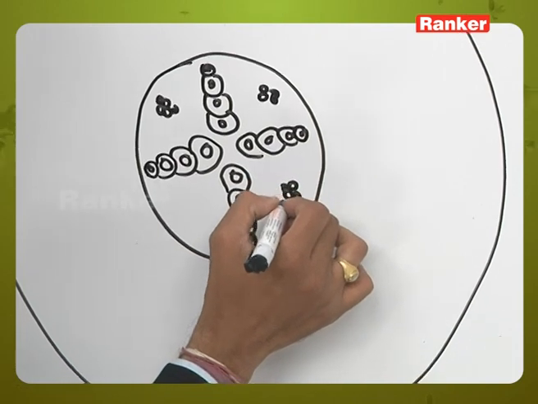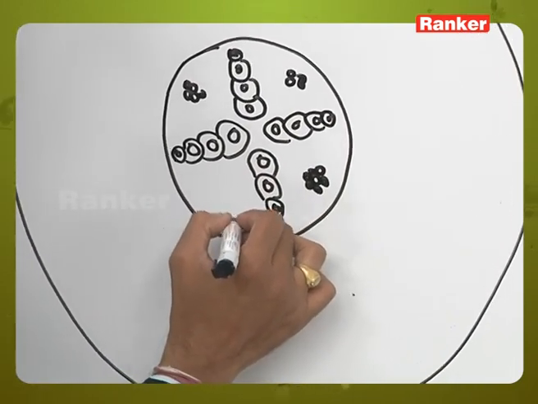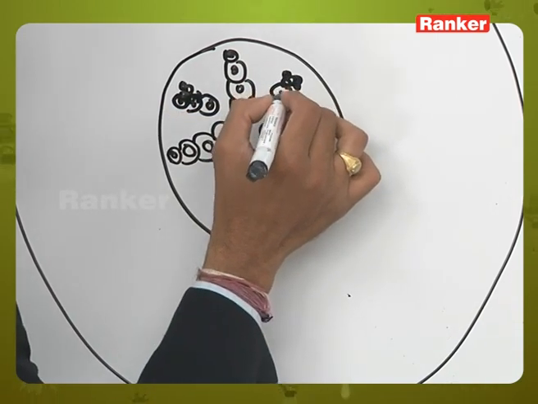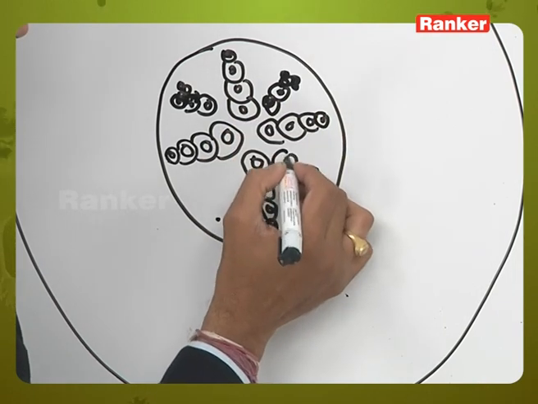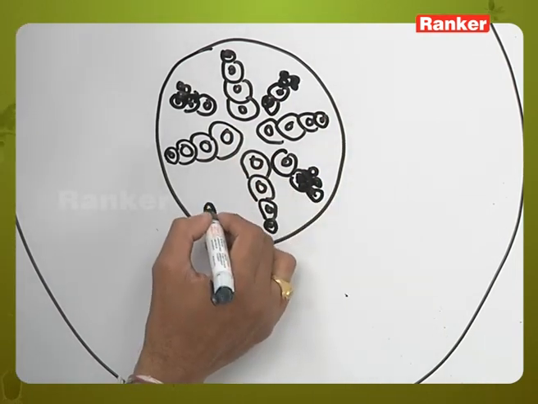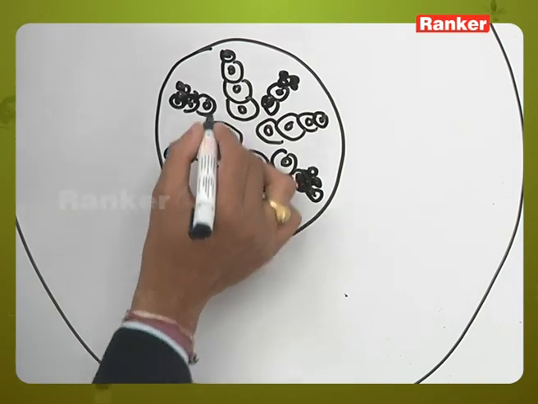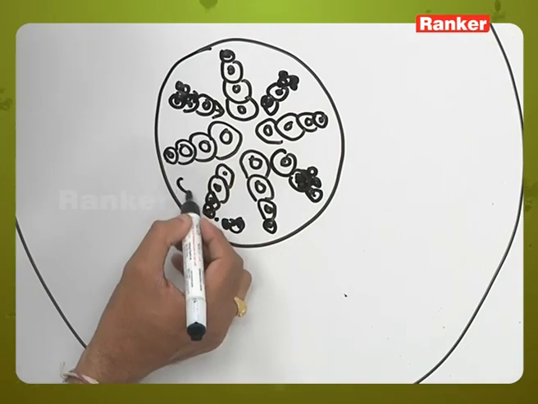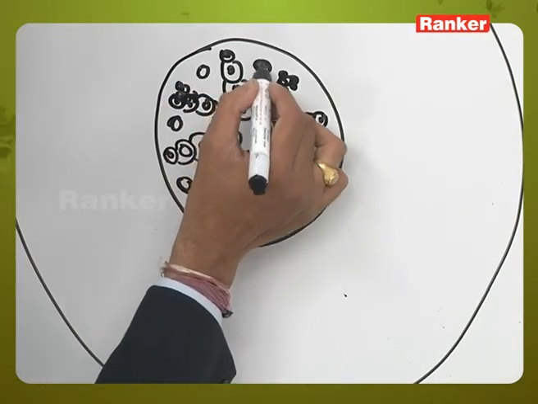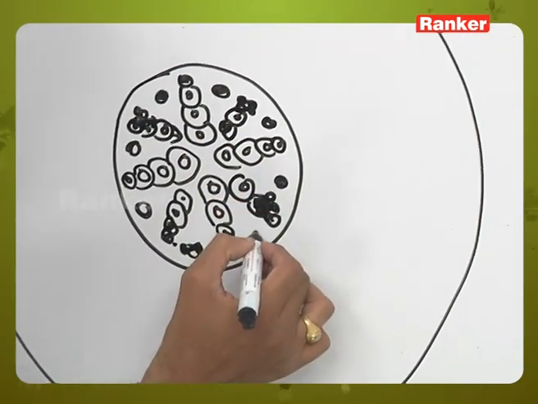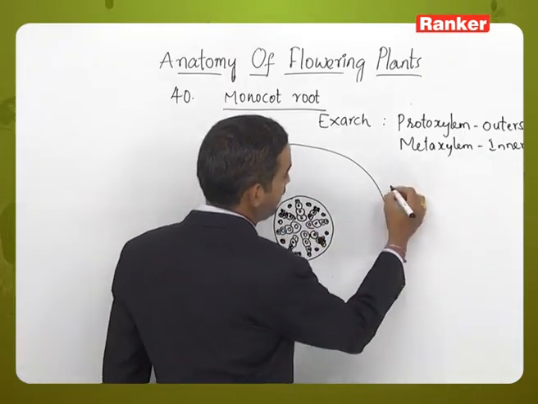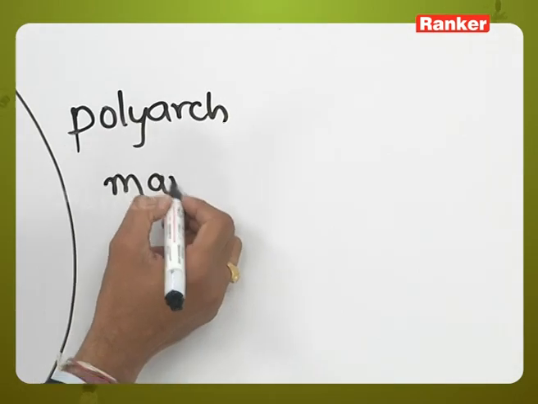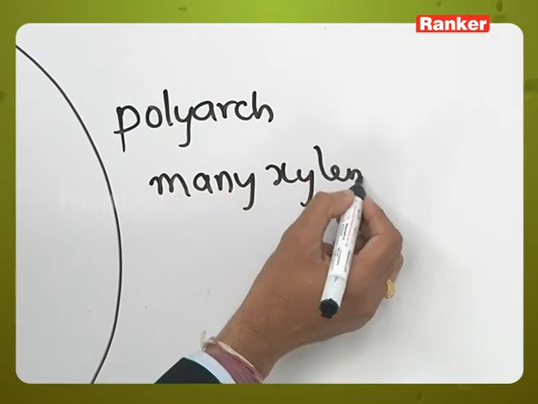Like this, if we take the other xylem tissues also, more than 6 to 7 xylem bundles should be there. This type of arrangement can be seen in the monocot root, and in between them we can see the phloem tissue. So in general, in monocot root, we can see the polyarch condition, that is, many xylem bundles are present.